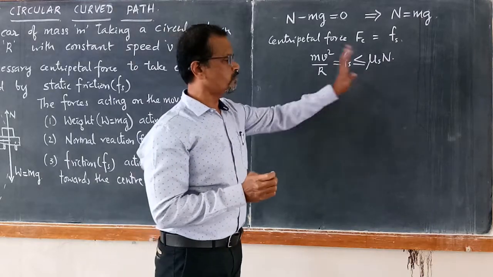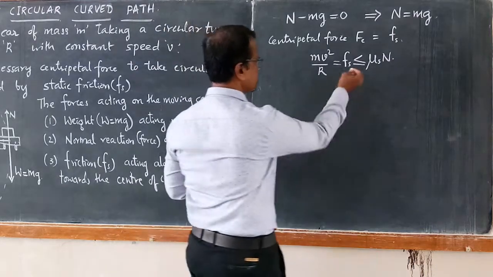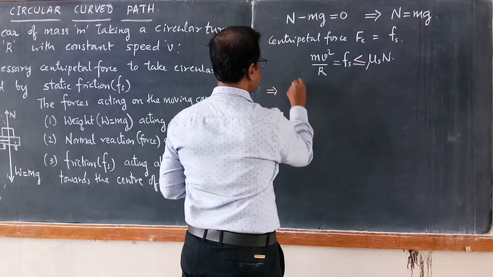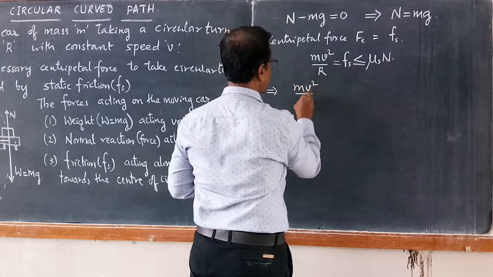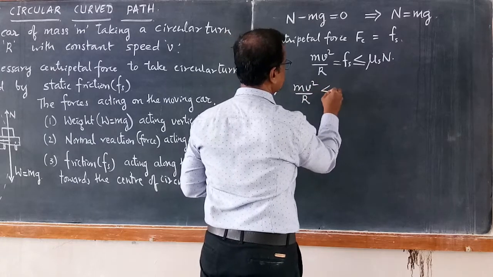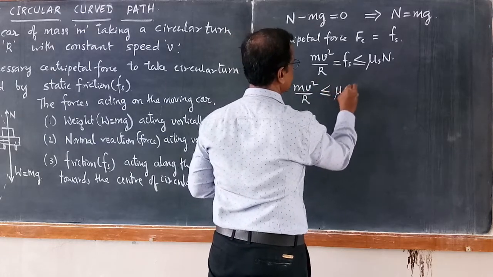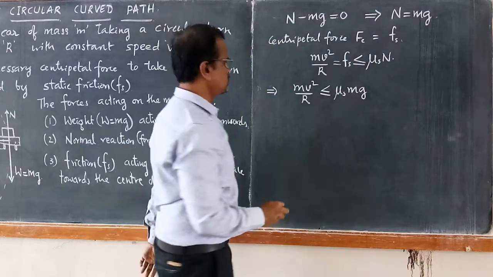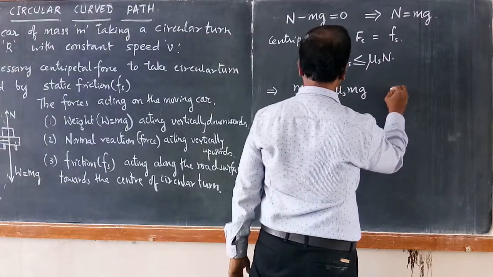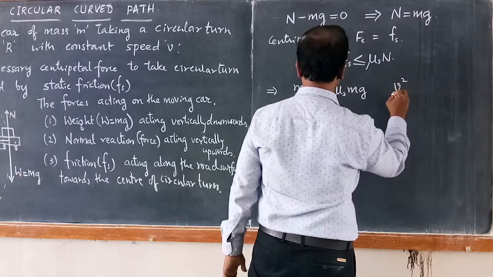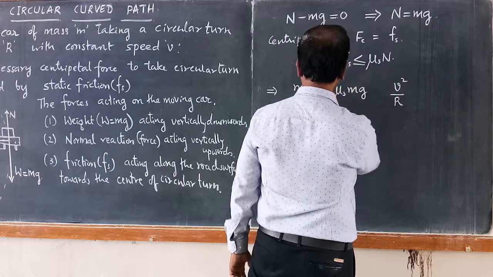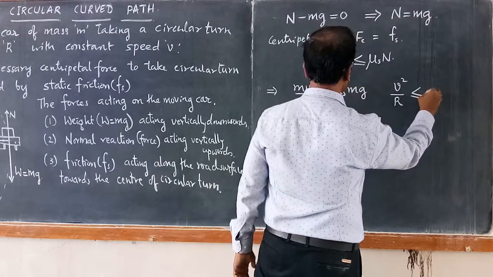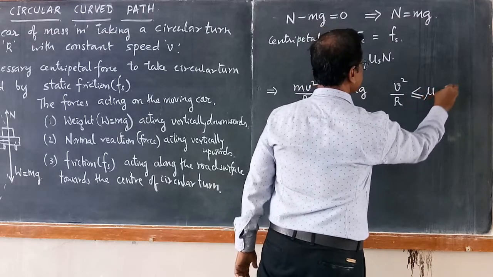So this implies, just substituting N equal to mg, mv square by r must be less than or equal to mu s mg. So m cancels. As a result, we get v square by r must be less than or equal to mu s g.